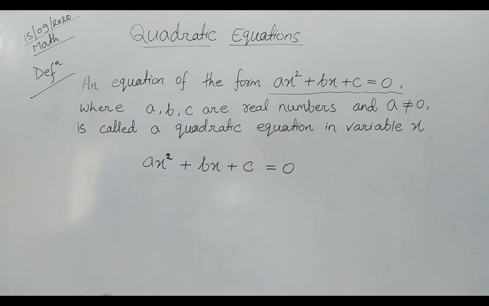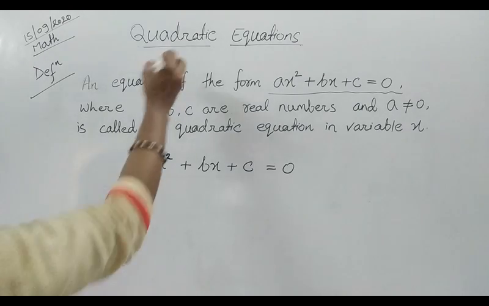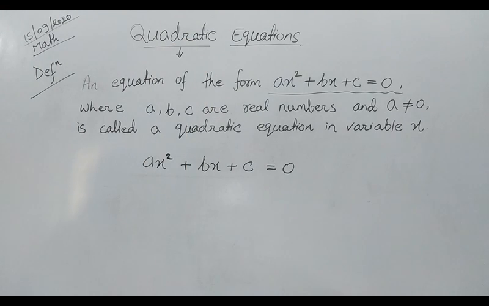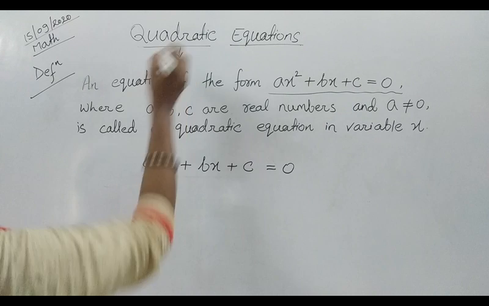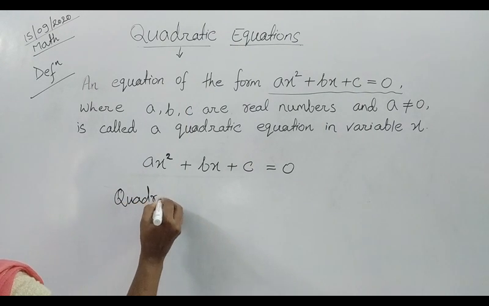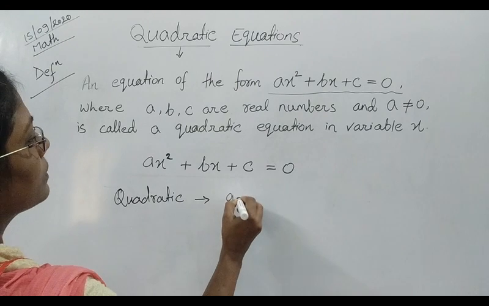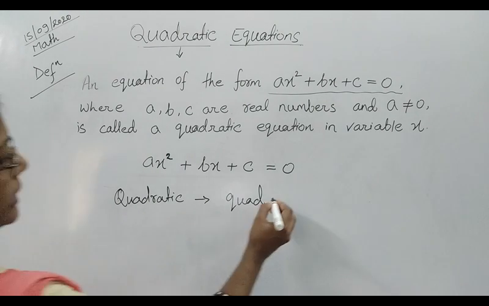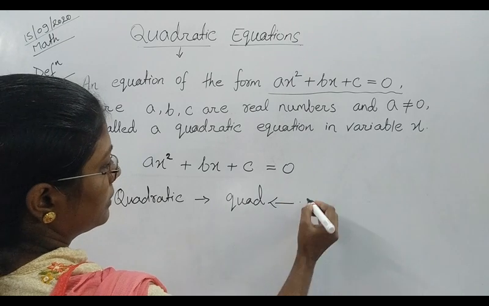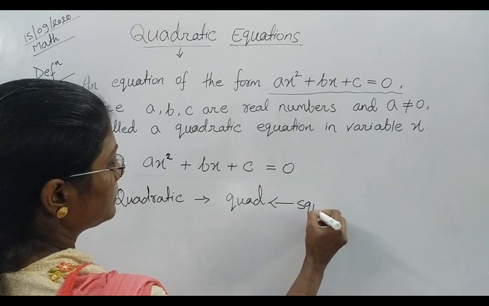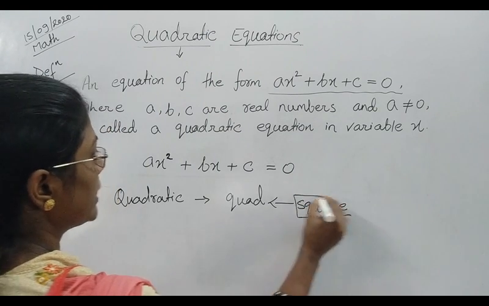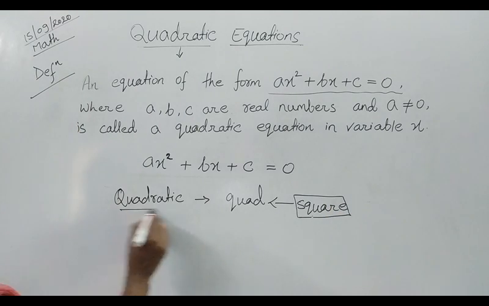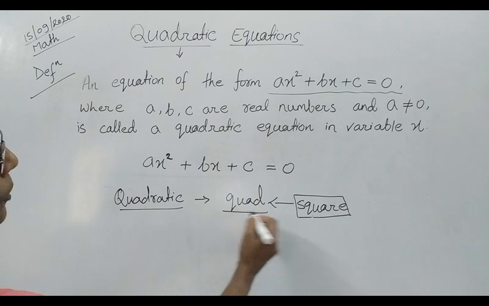Now the question can arise in the mind of the student: where did this word quadratic come from? Quadratic कहाँ से आया? तो अगर हम देखें तो ये जो क्वाड्रेटिक वर्ड है, it comes from the word quad, and the meaning of quad is square. This quadratic word comes from the word quad, and the meaning of quad is square.